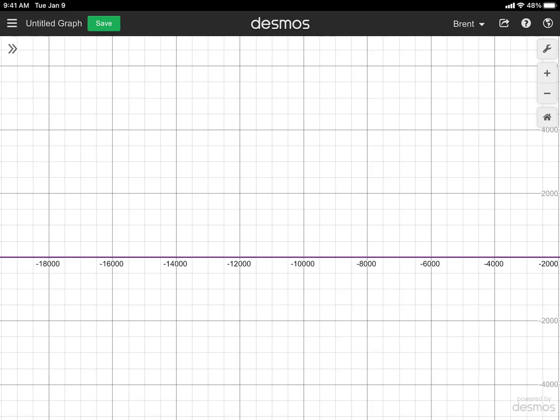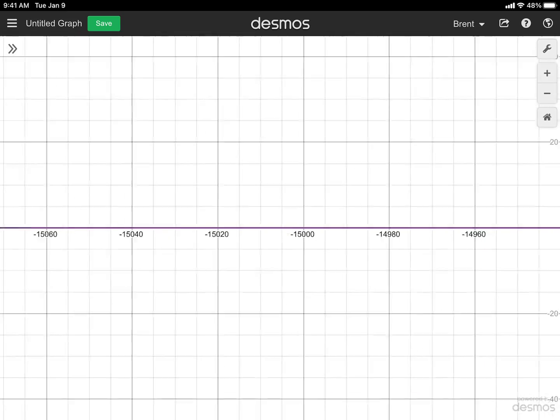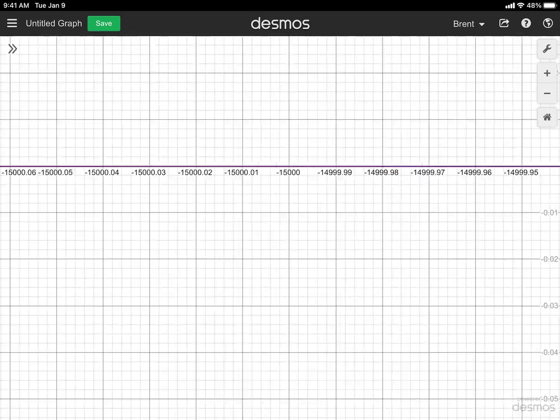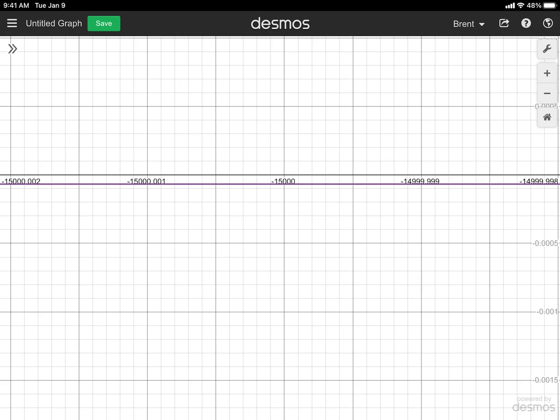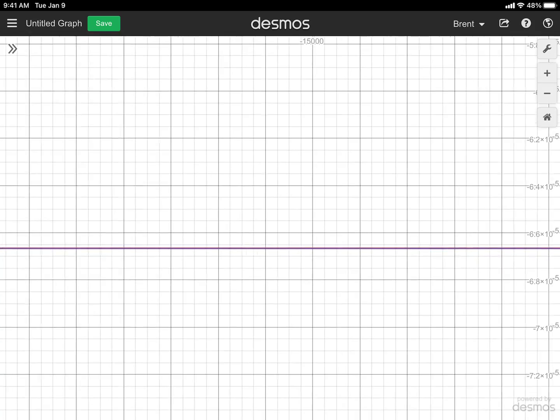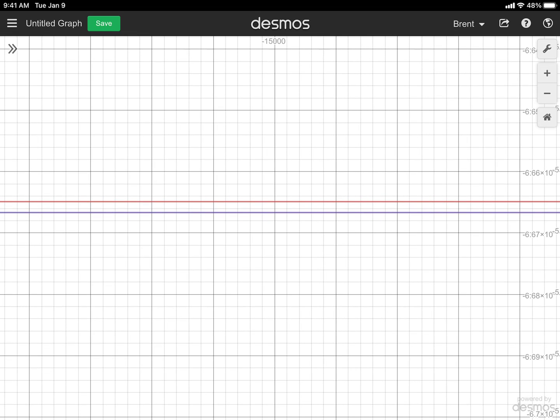All right, so there's about negative 15,000. If we start zooming in there, notice how small the decimal numbers on the vertical scale are. One little square is 0.00001. If I keep zooming in, can I even get close enough? Okay, I finally got close enough.